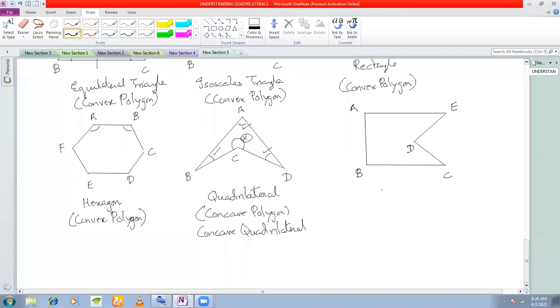Okay, so what kind of a polygon is this? First of all, how many sides are there? There are 5 sides. So this must be a pentagon, right? Now, is it a convex pentagon or a concave pentagon?